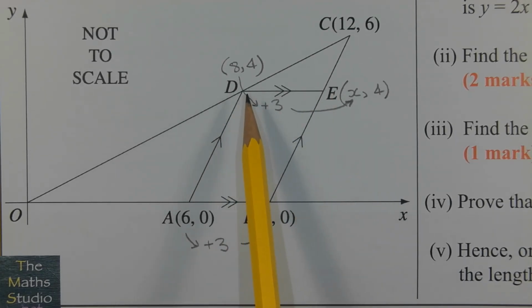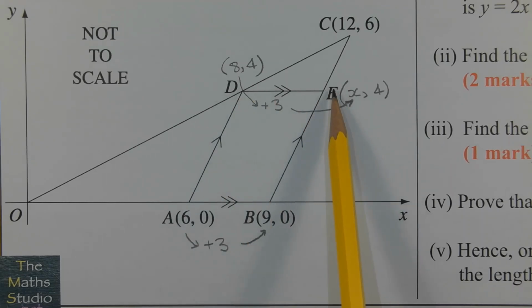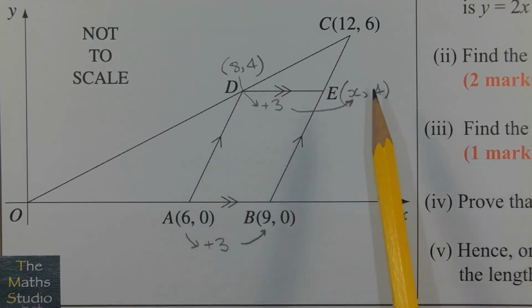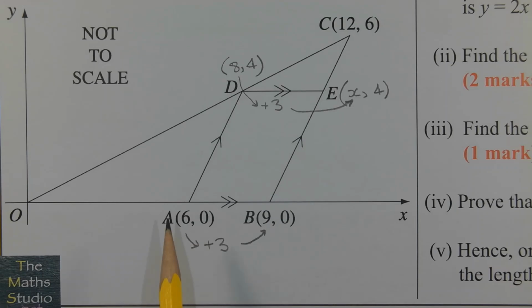That means the y-coordinates of points D and E are identical. So the y-coordinate of point E is 4. Now consider point B in relation to point A. B is 3 units to the right of A, which means E is 3 units to the right of D. So the x-coordinate of point E will be 11.